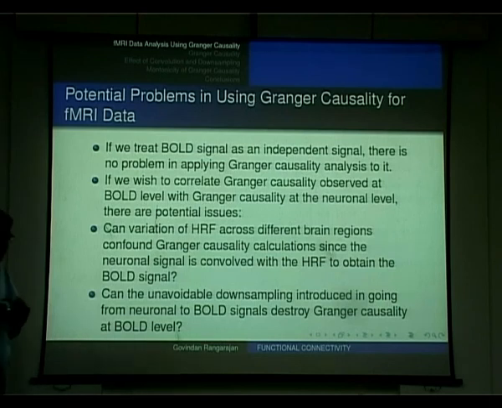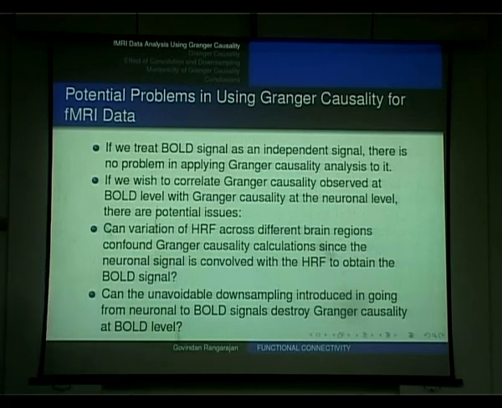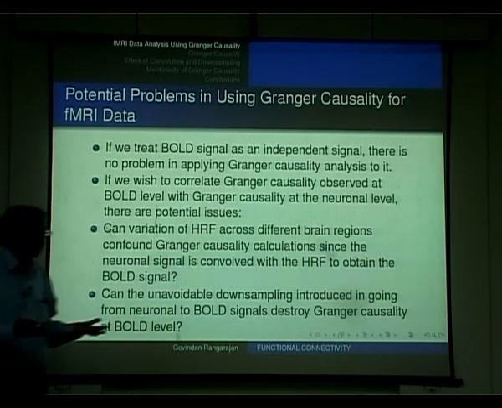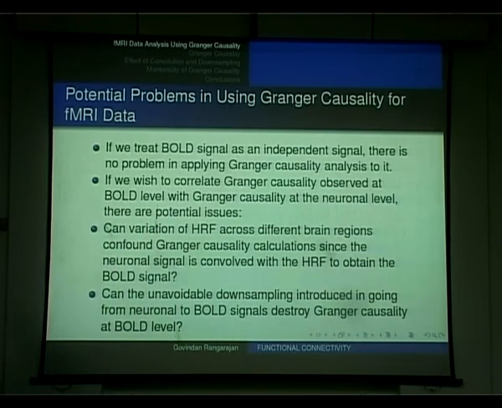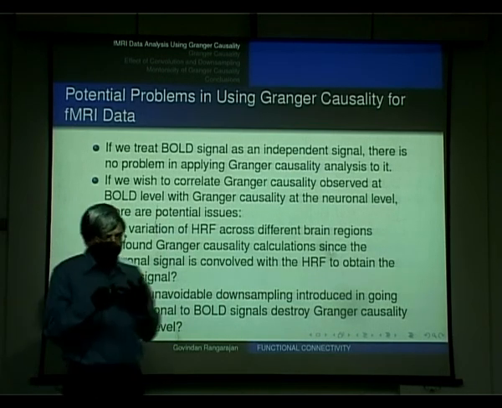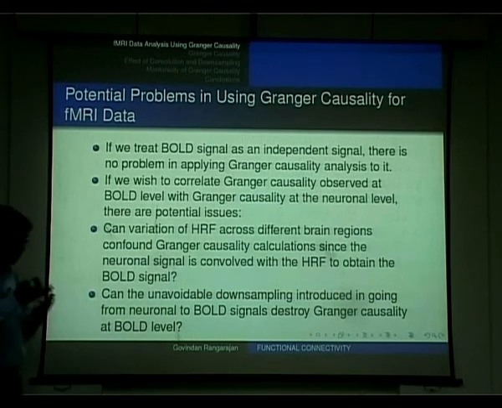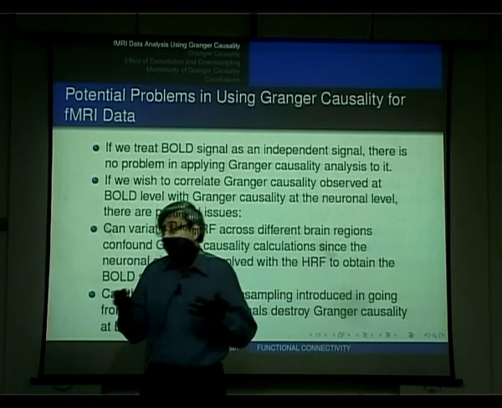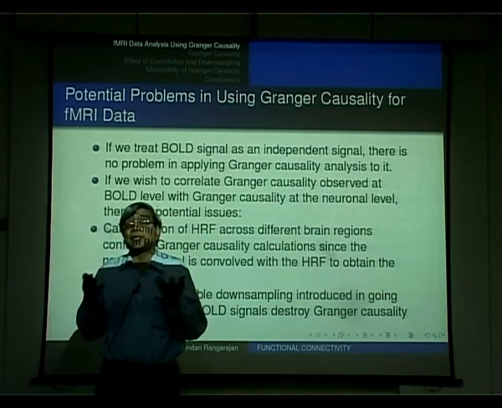So there are two ways of looking at it. You can treat the bold response, the fMRI data, as a signal in its own right. You don't worry about what is happening at the neuronal level. You just say, okay, I'm interested in the bold response and how the bold response gives connectivity patterns. And that is also a valid approach, for example, when you want to distinguish between onset of the Alzheimer's condition and normal. There you are only looking at differences between two different conditions.